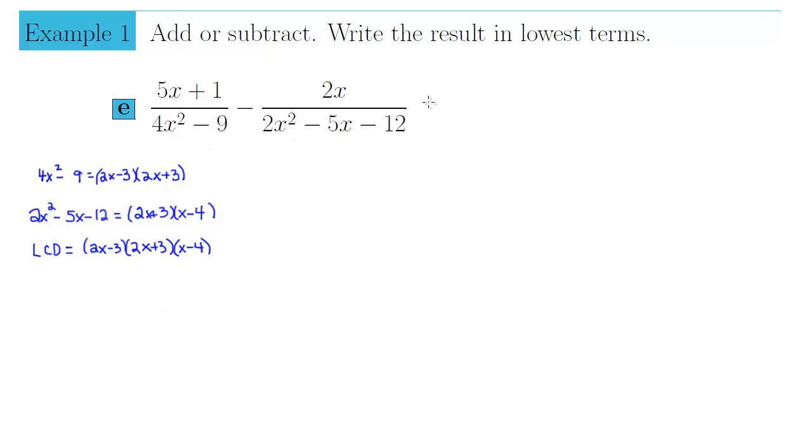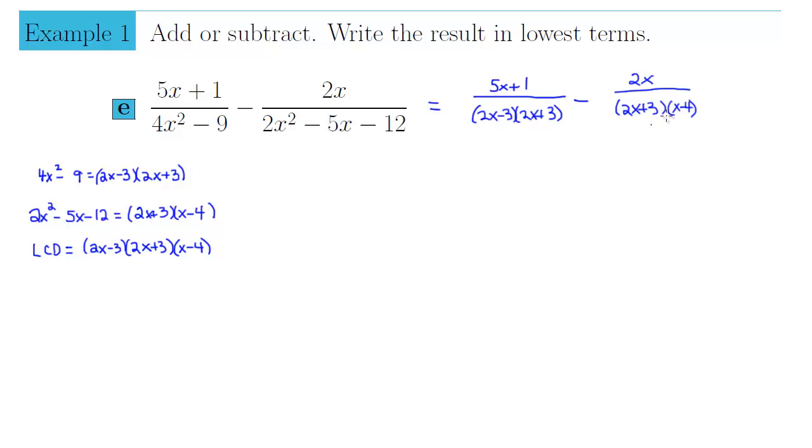We now convert our rational expressions to have this new denominator. I rewrite them, so I have 5x plus 1 on top, and on the bottom I'm going to factor this out as 2x minus 3 times 2x plus 3. We're subtracting from that 2x over this polynomial, which factors as 2x plus 3 times x minus 4.